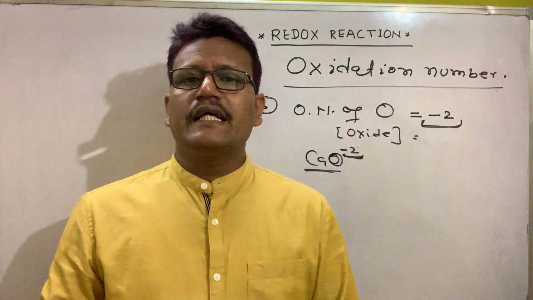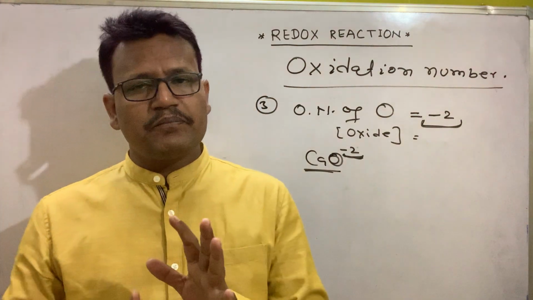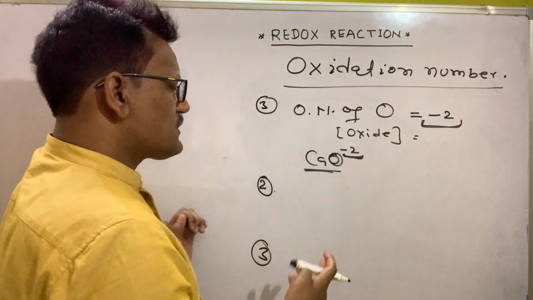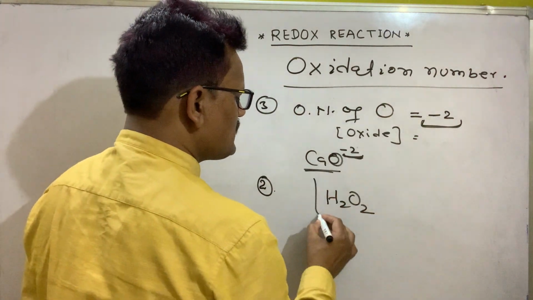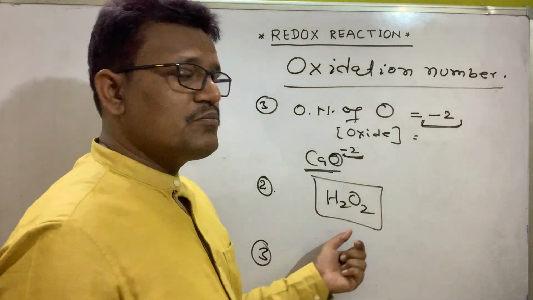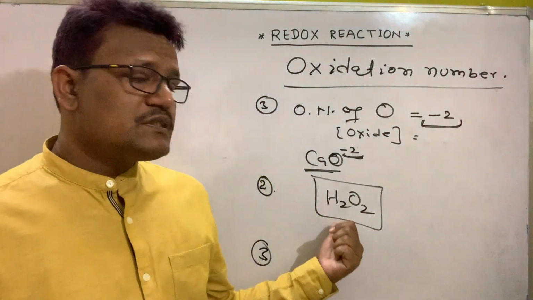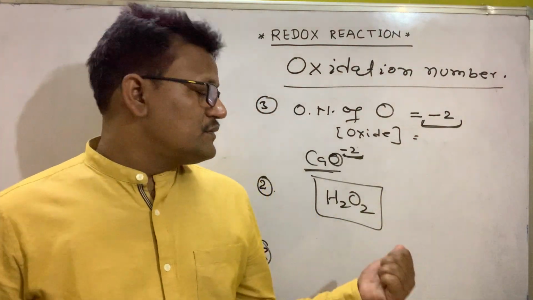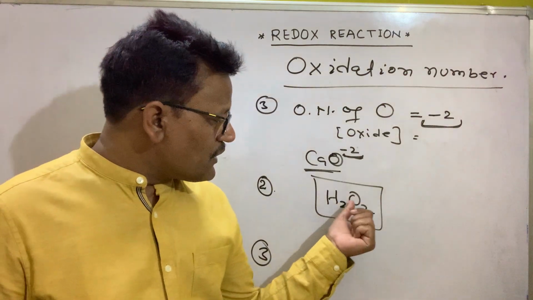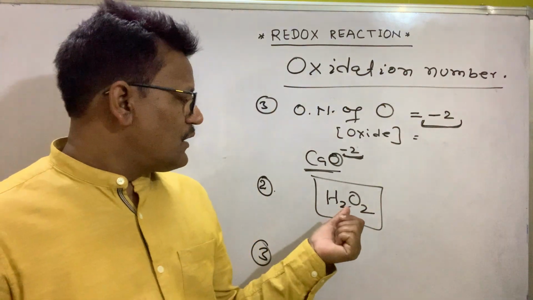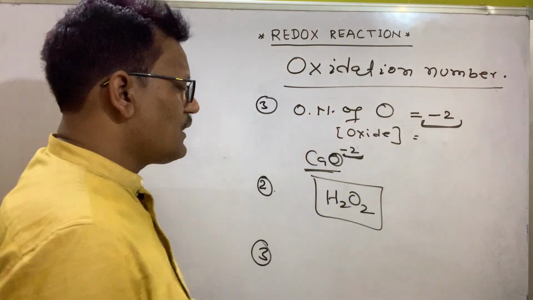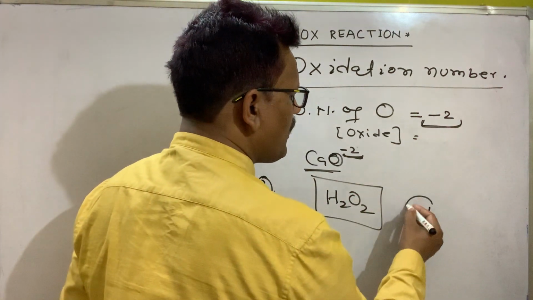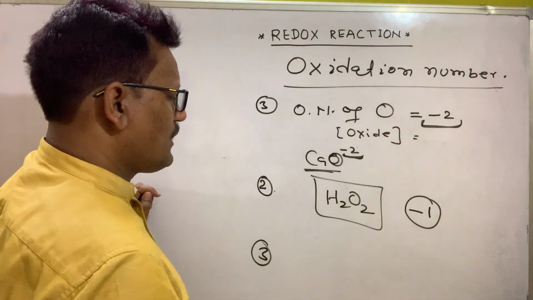But in case of peroxide, like H2O2, hydrogen peroxide, which is a very important compound used in the laboratory, the oxygen present in hydrogen peroxide has -1 oxidation state.